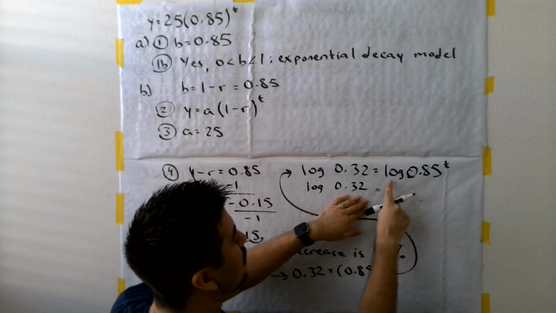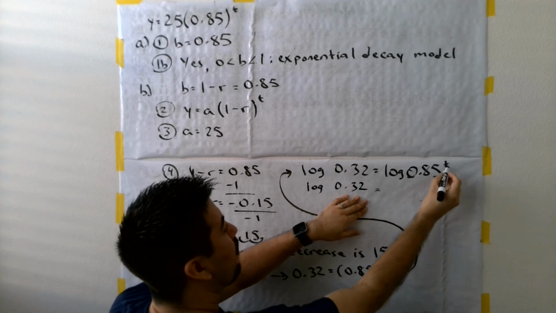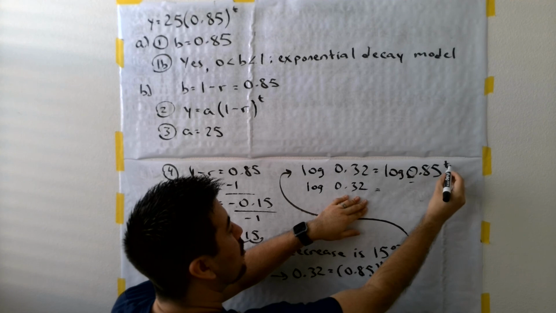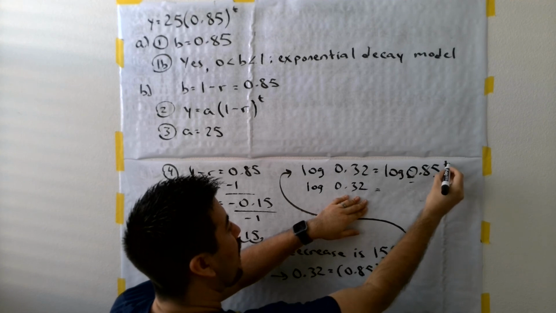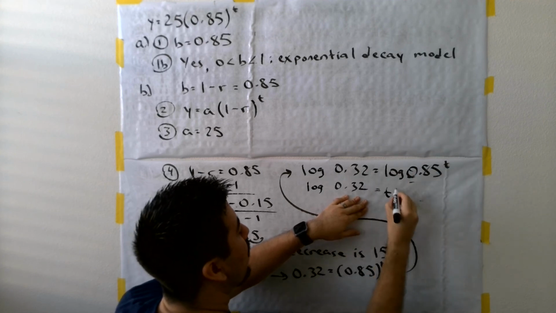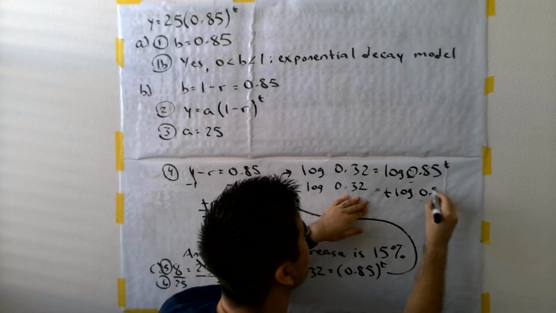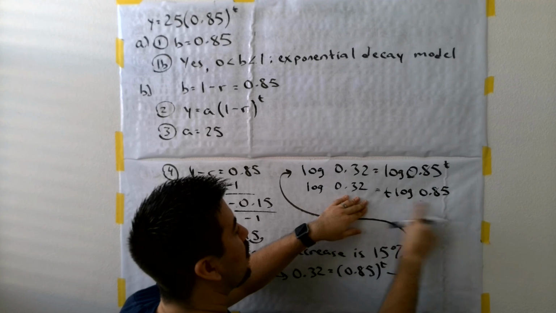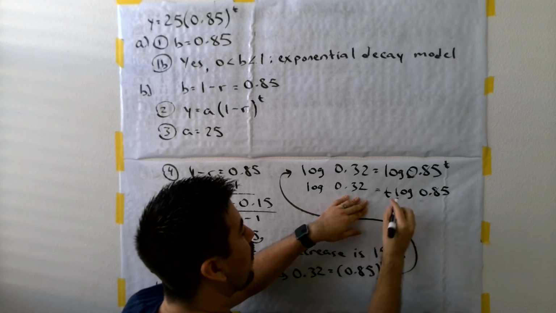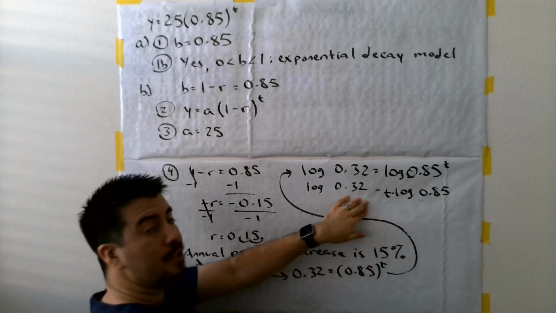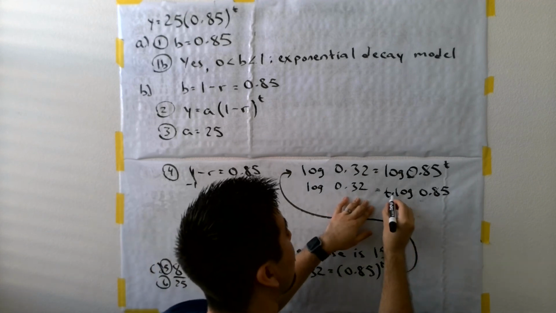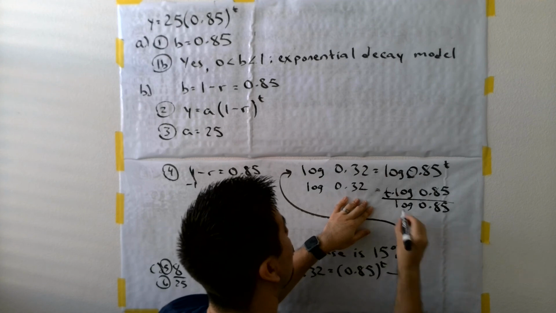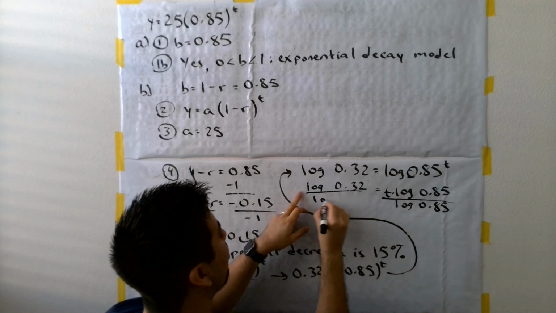However, the property states that if you have a value raised to an exponent, I can bring that exponent to the front, and they're still equivalent to each other. So this up here is actually equal to that. Now I have the t in front, and there is a multiplication going on in between. The best way for me to get the t by itself is by dividing both sides by log of 0.85.